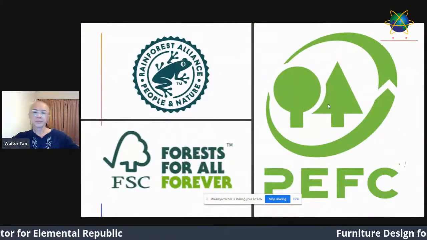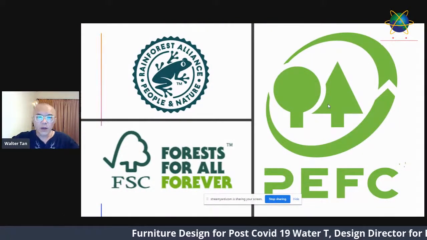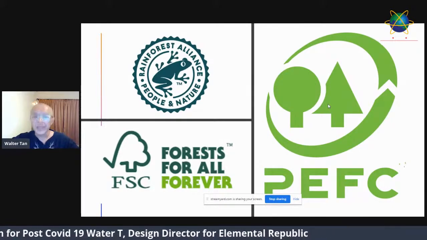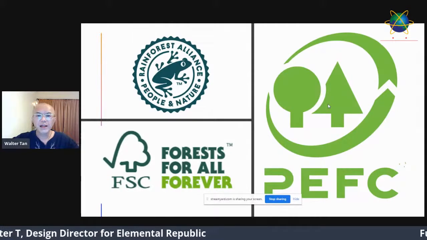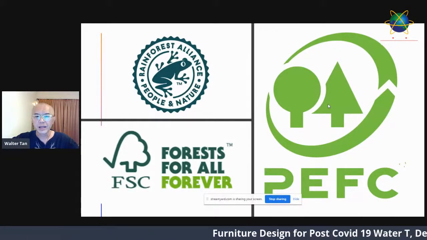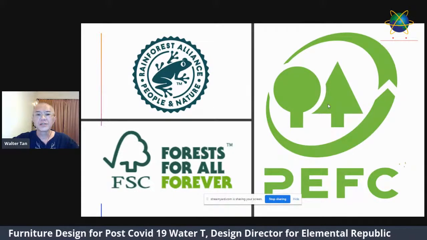Now, a lot of students still don't know about these things in design. FSC, PEFC, and Rainforest Alliance. I don't want to go into detail about this. For the young people, you can go on Google and search.